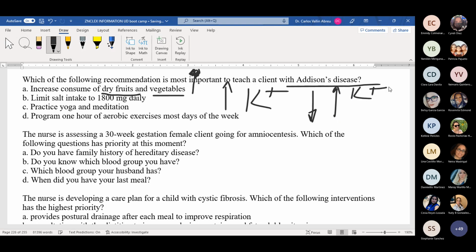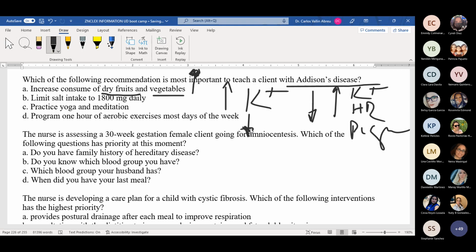The potassium is high, the heart rate is high, so there is tachycardia, and the pigmentation is high. What is low in Addison disease? The aldosterone and the cortisol. What is low? Sodium and water. What is low? The blood pressure.